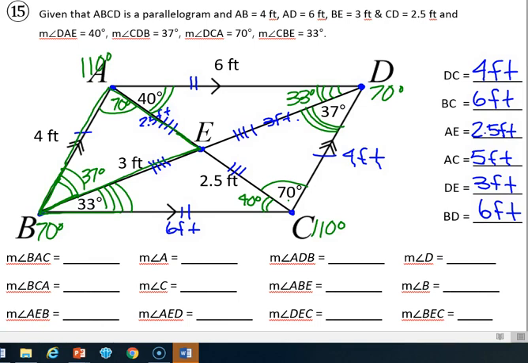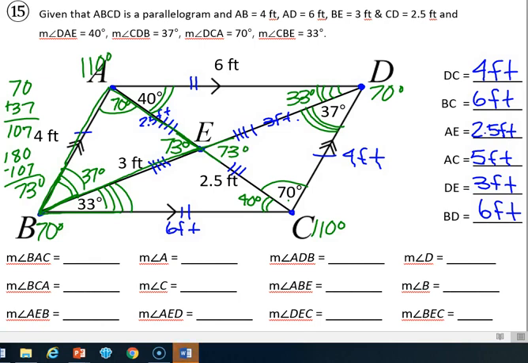Well, when I add 70 plus 37, that gives me 107. And then I'm going to subtract that 107 from 180. That gives me 73 degrees. So that makes this angle right here 73 degrees. And the one that's its vertical angle across from it, notice these vertical angles right here, this is also 73 degrees.